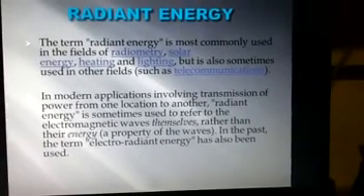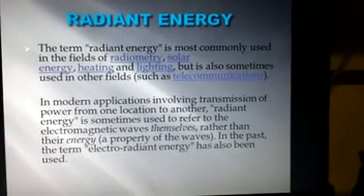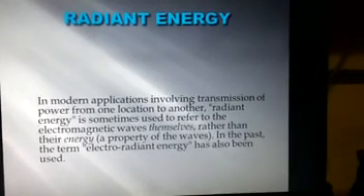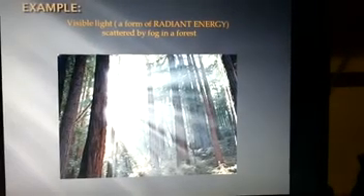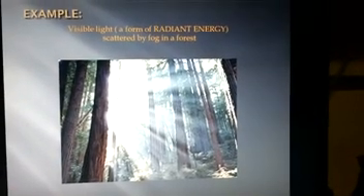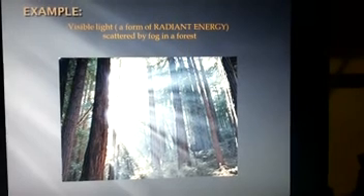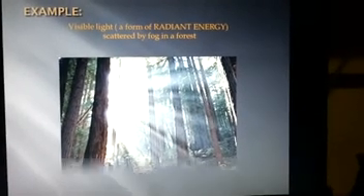In the past, the term radiant energy has also been used. So this is the example. Visible light, a form of radiant energy, is scattered by the fog in a forest.